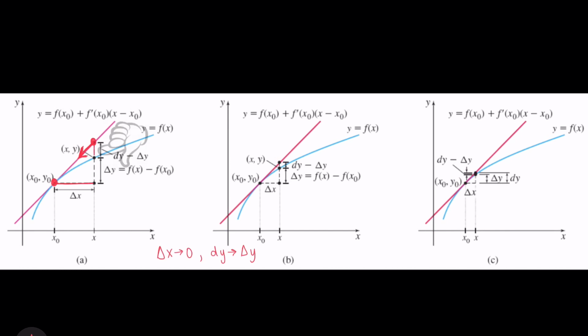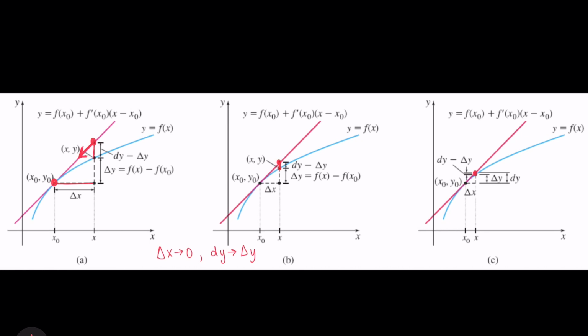So we want to keep an eye on this distance here. Notice here, once the point is a little bit closer, our gap is way smaller. And here, once our point is this close, our gap seems to be almost non-existent. So as delta x gets smaller, the closer the tangent line is to the graph.